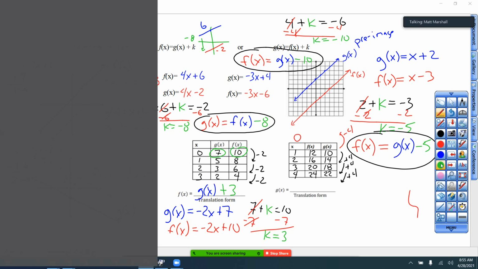12, take away that 4 gives me 8. And that pattern makes sense. 8 plus 4, 12, -4, 12. And then 10, take away 4 gives me the other y-intercept. And then this table has the f of x one being first. The g of x equation written second.